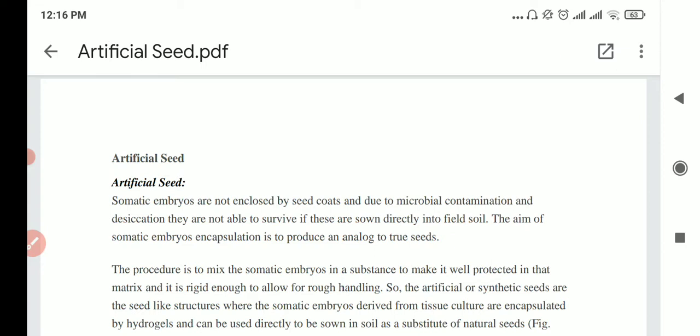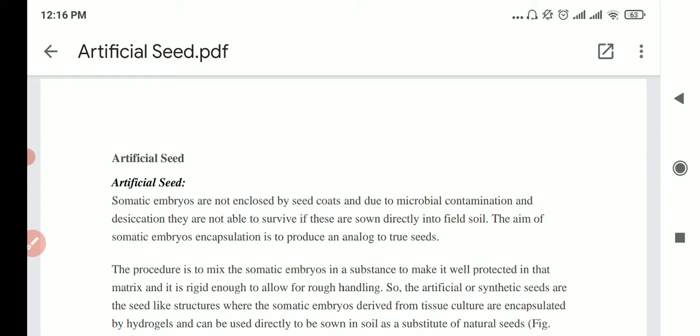But if you take any other cell, suppose you take from my skin, the cells of my skin, that is my somatic cell. If you took the cell of my ovum, that is your vegetative cell. So the cells of my skin, my hair, my eyes, my lungs, my kidneys, my intestines, all these are somatic cells. Germ cells or vegetative cells are only the sperm and the egg.